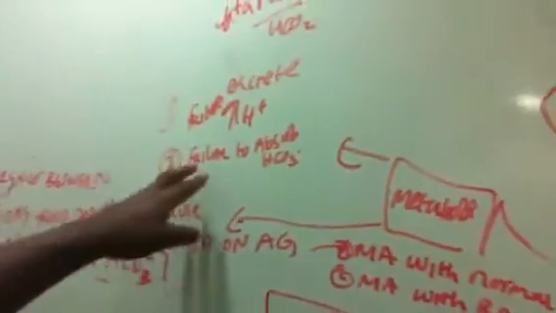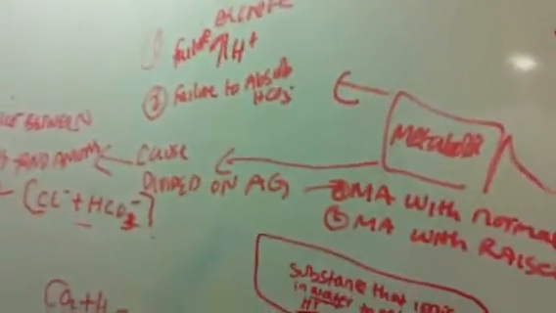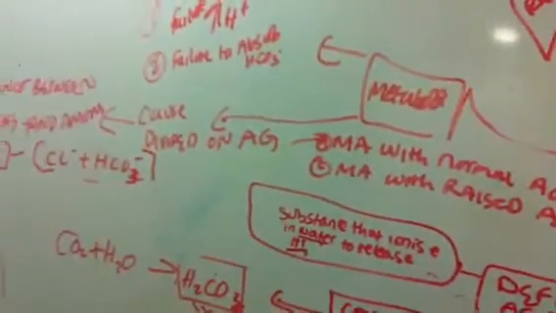All right, cool. Okay, metabolic acidosis is due to failure to excrete H+ or failure to absorb HCO3. We can divide metabolic acidosis through the anion gap. The anion gap is the difference between cations and anions. The main cation is sodium; the main anions are chloride and bicarbonate.